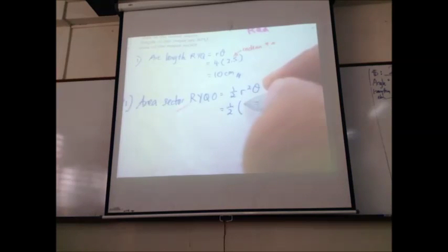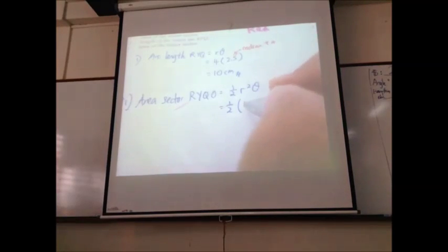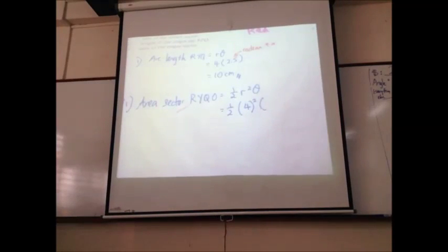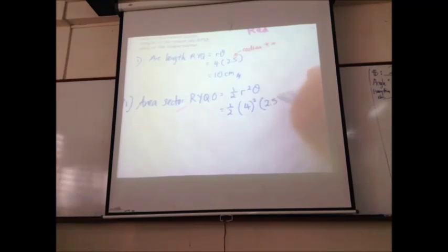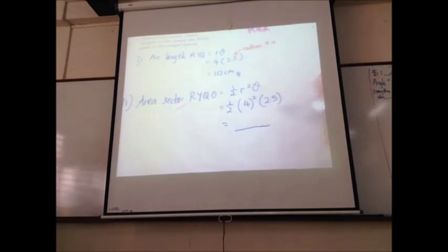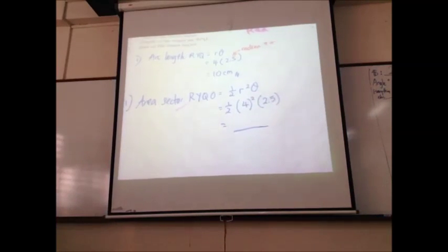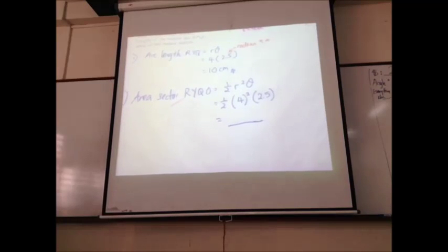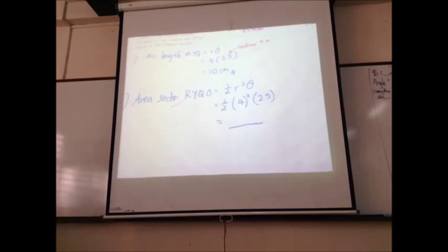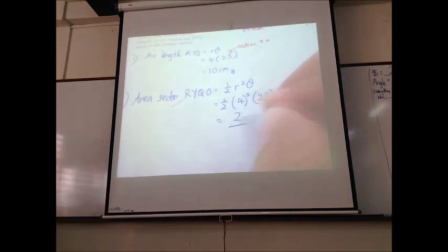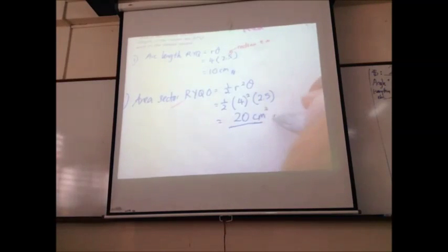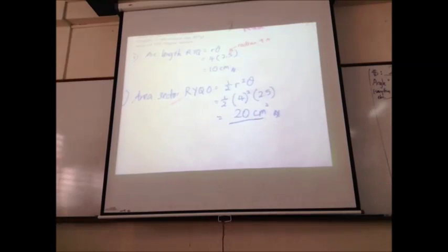And what's the number? Marcus, what is my radius? 4, squared. What is my theta? 2.5. What is the answer? Calculating. 20. Remember the units, cm squared. Is it beautiful?